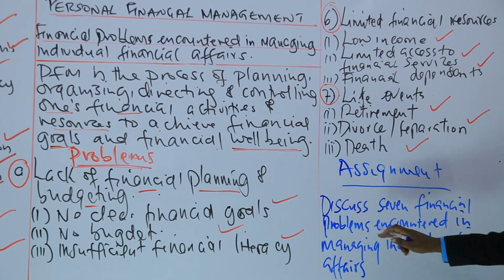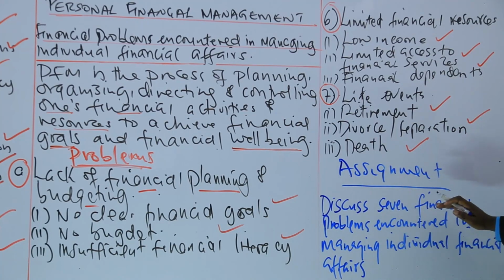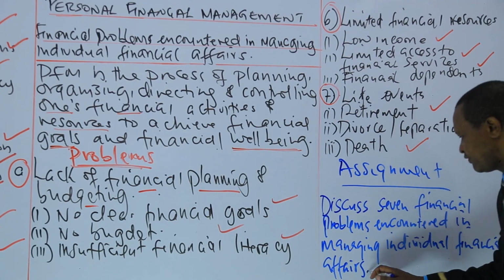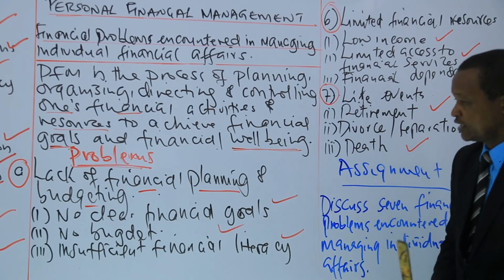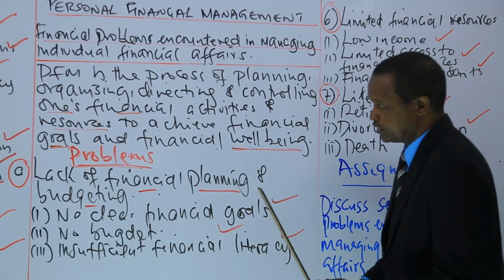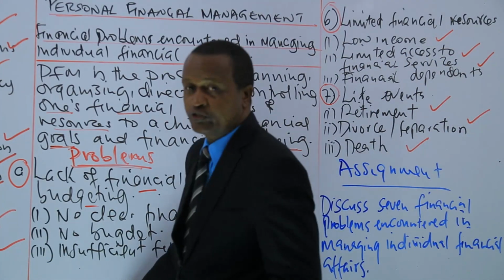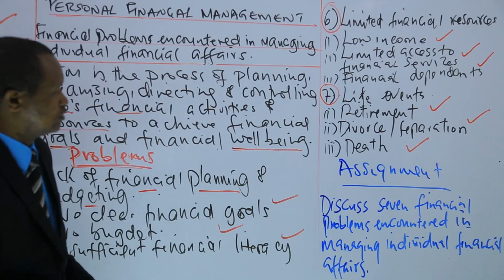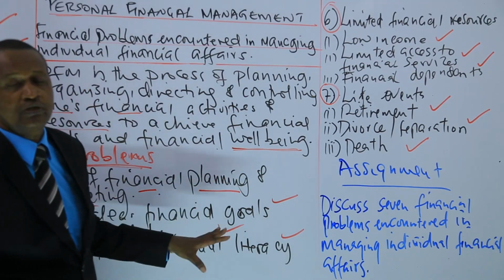This is your assignment: discuss 7 financial problems encountered in managing individual financial affairs. That is your today's assignment. While answering this question, please don't refer directly to the notes. Try and see if you can recall what you have learned in today's lesson without referring to the notes.